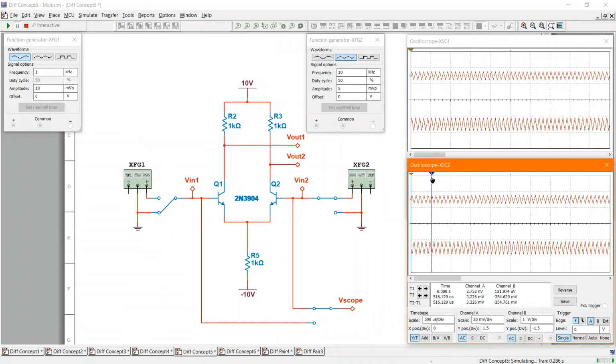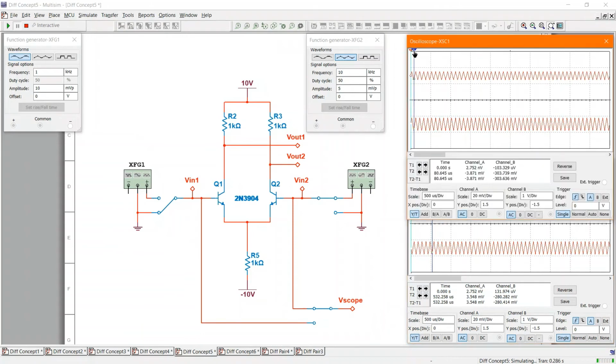I don't know if you can see that. So here's the input signal off of its own collector, Vout2, it is out of phase. But on the other collector, it's in phase. So I'm putting a triangle wave in here and I get equal and opposite triangles on Vout1 and Vout2.